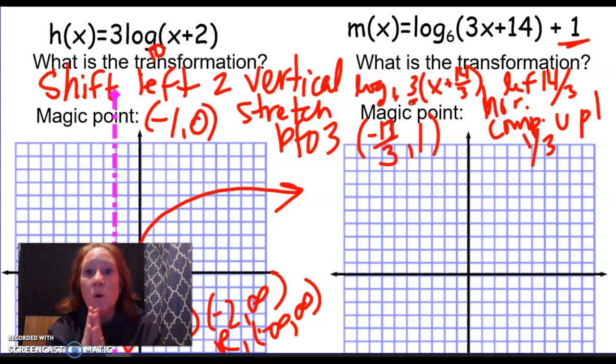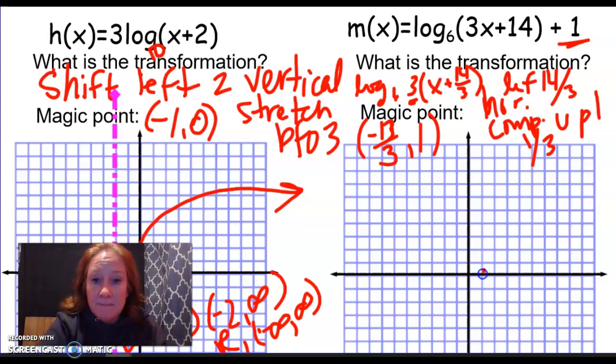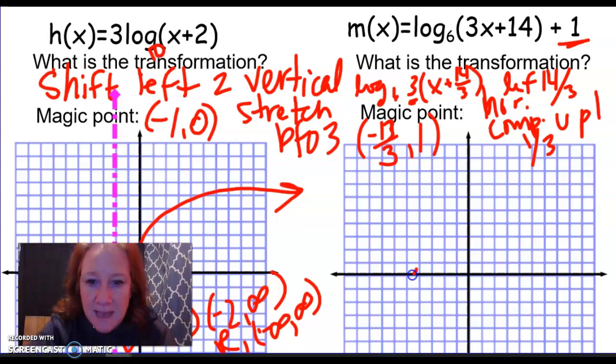Your original point at 1 gets shrunk to 1/3. And then after shrinking it to 1/3, it would move it back 14/3, which puts it at negative 13/3, which is 4.3 repeating. And then shift it up 1.